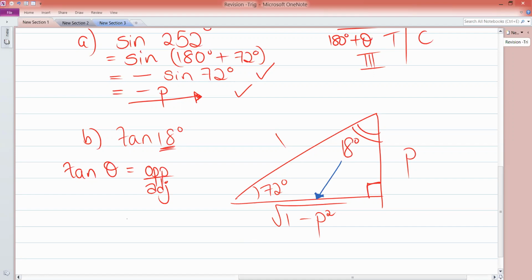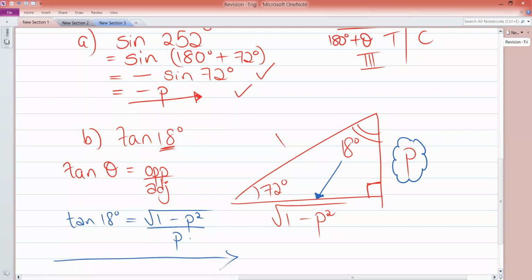Yes, ma'am. So tan 18 degrees, your opposite side is the square root of 1 minus p squared. What's the adjacent side? The adjacent side is p. So we have expressed tan 18 degrees in terms of p. That would be our answer here.